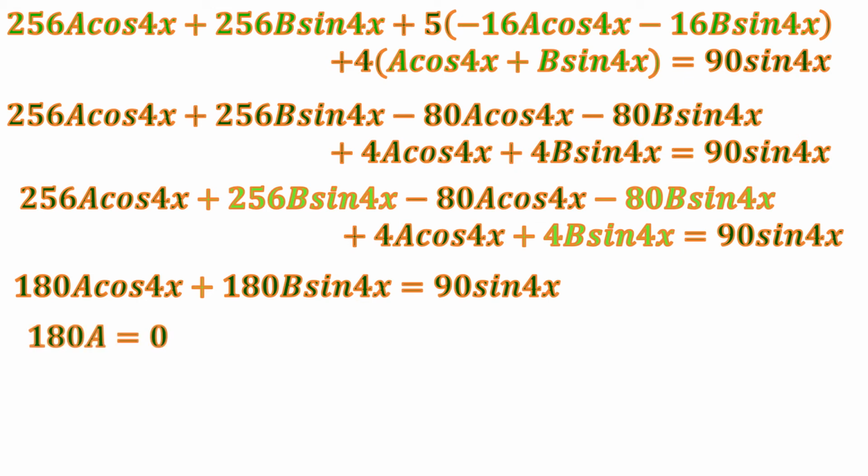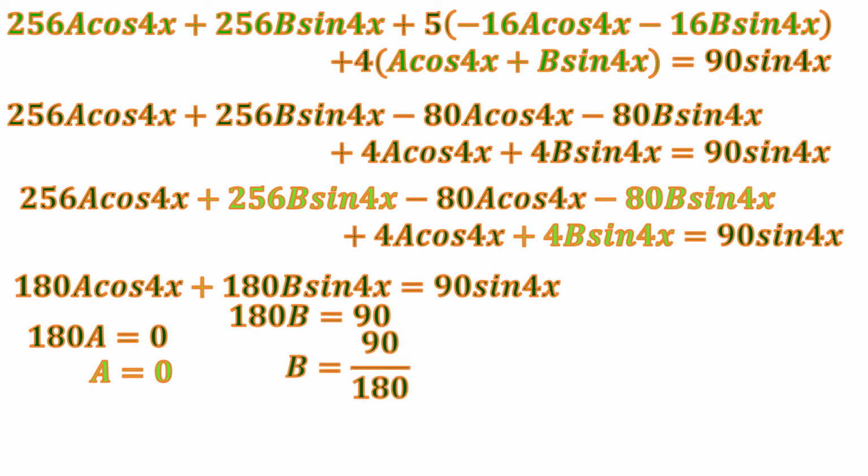So we are going to pair those cosines, but since there's no cosine on the right side, it's going to be 180a equals 0. Divide both by 180, a is 0. And for sine, 180b will be paired with 90. Divide both by 180, b is 90 over 180.